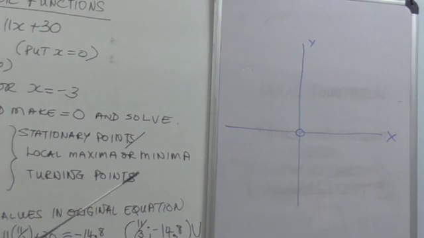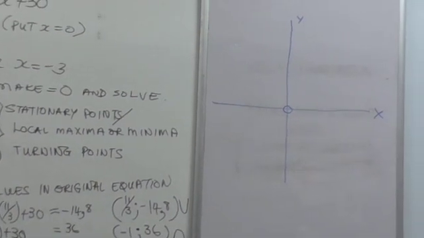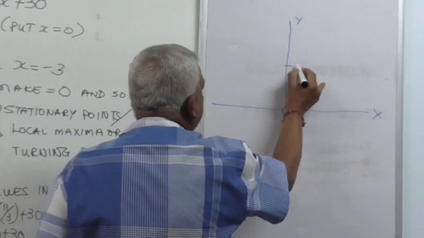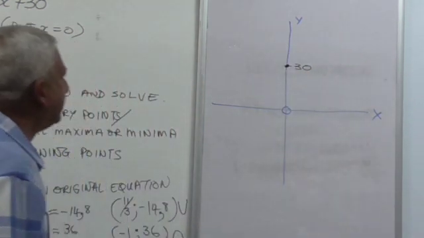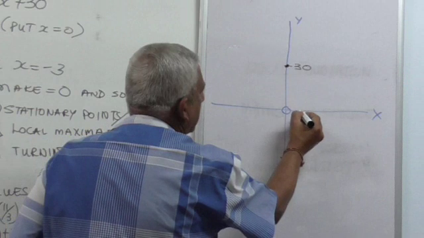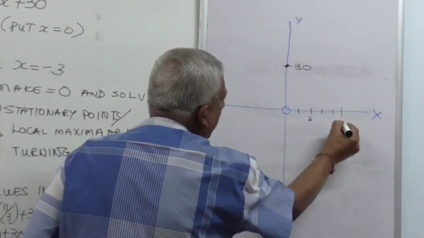So first thing is, your y-intercept is 30. So you'll just mark off somewhere on the graph by judgment, that's 30, that's your y-intercept. Then your x-intercepts are 2, 5 and -3. So there's your 2, say 1 is here, 2 is here, 3, 4, 5 is there.